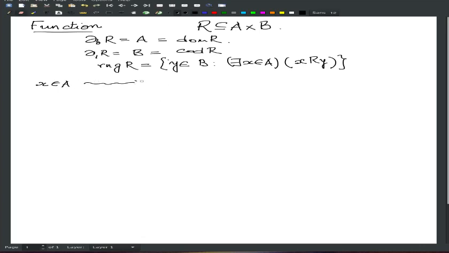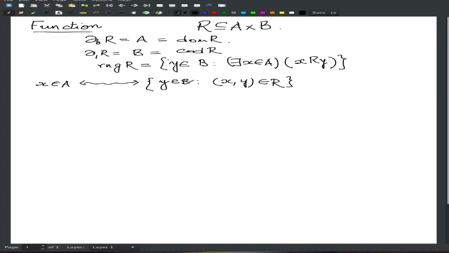How do I say it? I write it with this squiggle, not meaning any kind of correspondence. So there are several y in B which are related to x.